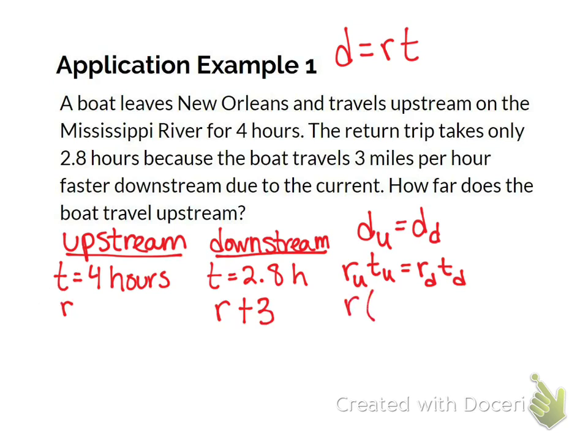So we have R times, what was our time? 4. Equals, then we go to the downstream ones. What did we use to represent our rate? R plus 3. It's getting multiplied by what number for time? 2.8.